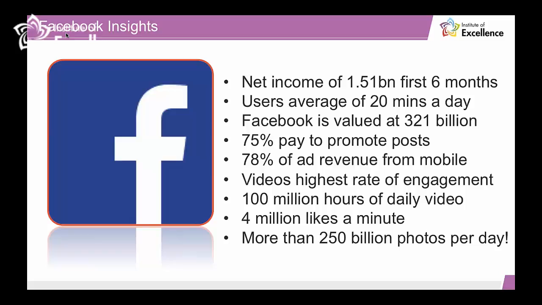Okay, so there are a few little things there that we can do, but the prime thing to note with organically reaching our audience is the type of content and the consistency of content that we're creating.